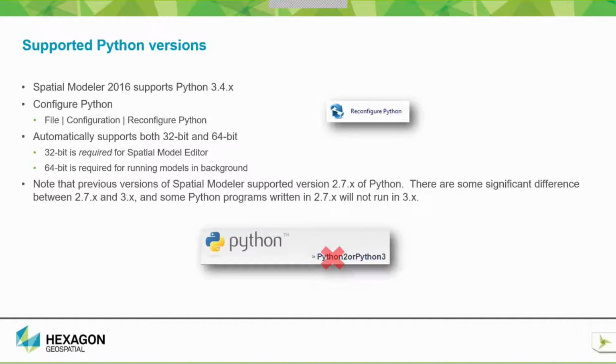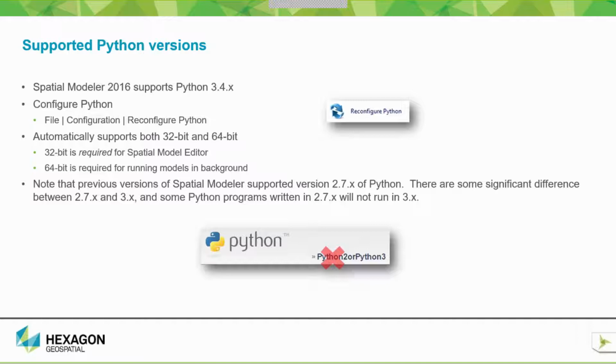But the change for 2016 is we are changing the version of Python that we support. We're supporting Python 3.4.x, and we supported 2.7.x previously. This is a new version. And I noted here at the bottom that there are significant differences in the Python language between 2.7 and 3.4.